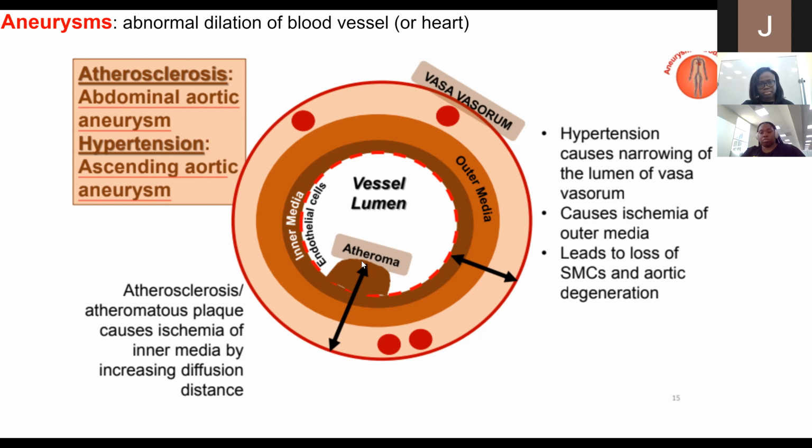So the inner tunica media is now affected, not being supplied with blood. But your outer media is unaffected, because do we know where the blood supply for the outer media comes from?